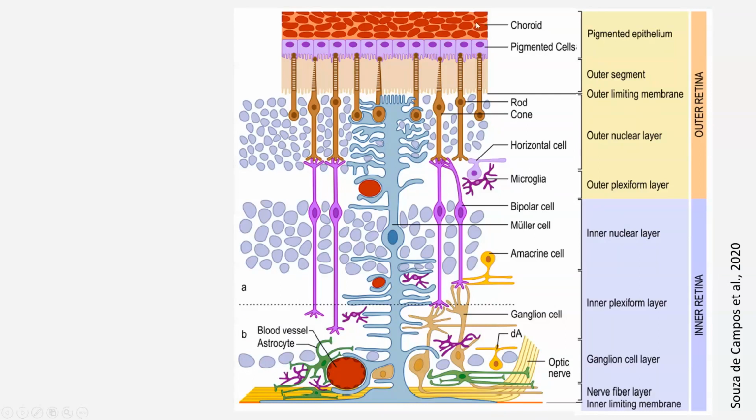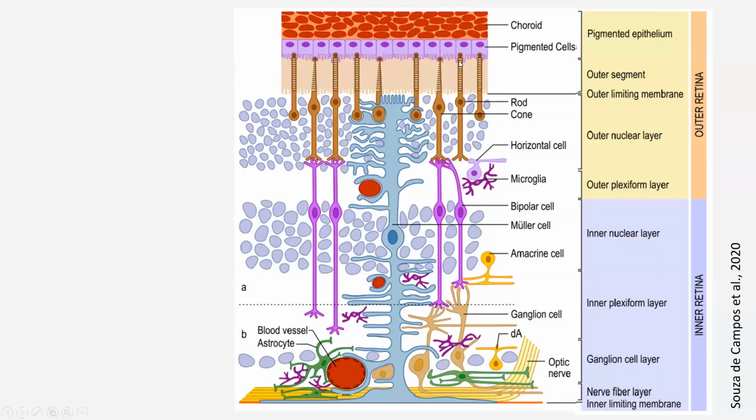The choroid basically supplies blood to the outer part of the retina. After the choroid, we have the retinal pigment epithelium, where we have pigmented cells. These cells act as a barrier to the inner retina, so they protect the photoreceptors, basically.